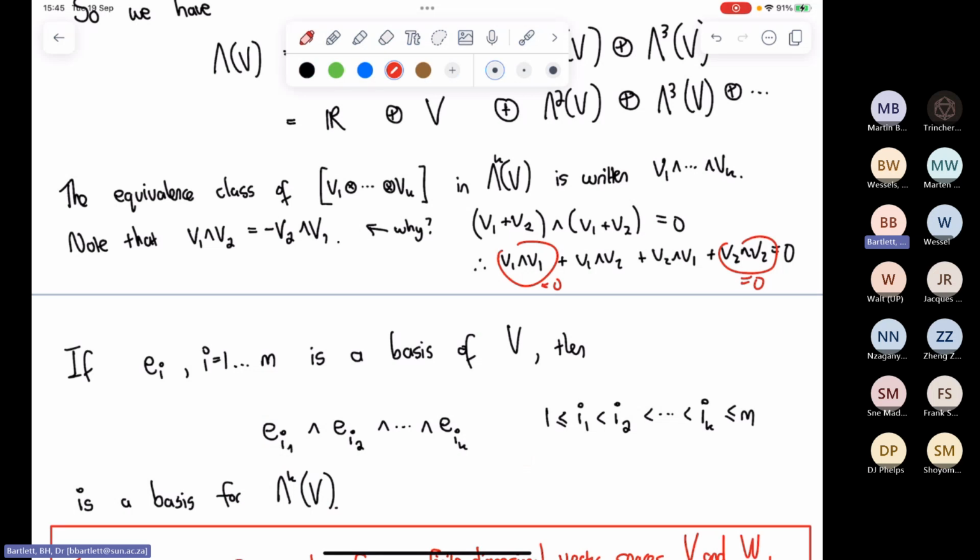So I need to take into account that E1 wedge E2 is minus E2 wedge E1. So I can't include both E1 wedge E2 and E2 wedge E1 in the same basis. So what I'll do is I will order them. So I'll take wedge products like this, where this index here is less than or equal to this index, or less than this index, less than this index, and less than this index, right? And that ensures that I'm never going to overcount in my basis. Okay.